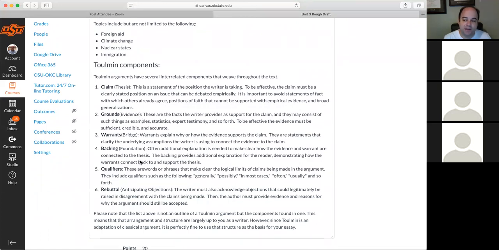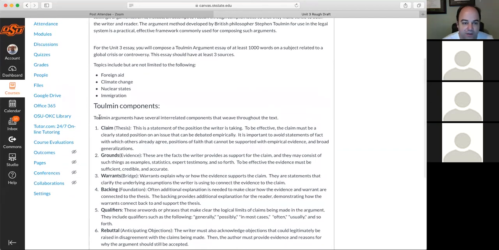You're going to have a thesis, which is a claim that you make, a claim that's supported by various reasons, and that's where the evidence comes in. The method has a couple of different vocabulary words that are slightly different, but what we did in Unit 2, you're basically going to do that here.